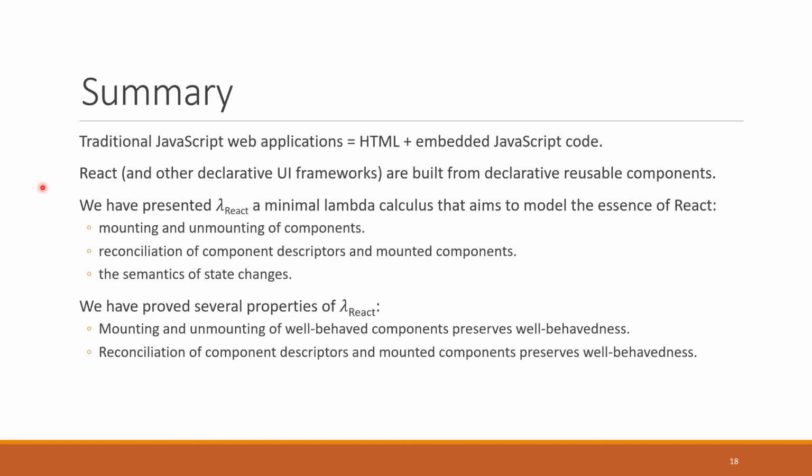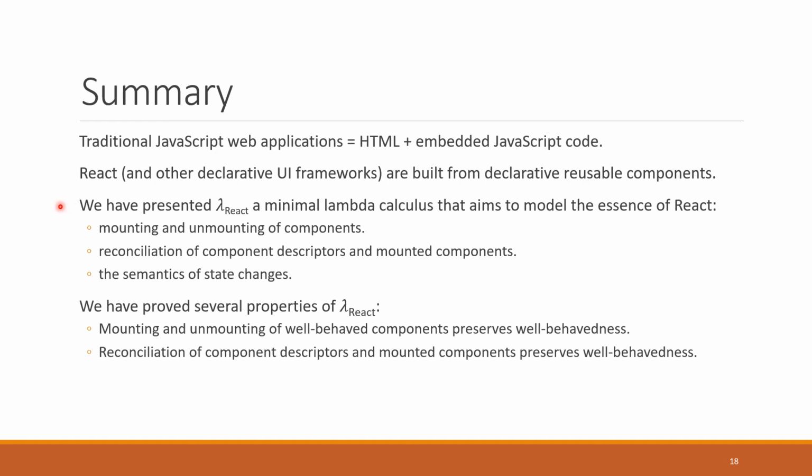All right, so in summary, we talked about how traditional JavaScript web applications were written as HTML with embedded JavaScript code, but this was very fragile and brittle and non-modular. React and other declarative UI frameworks build on this idea of reusable components.